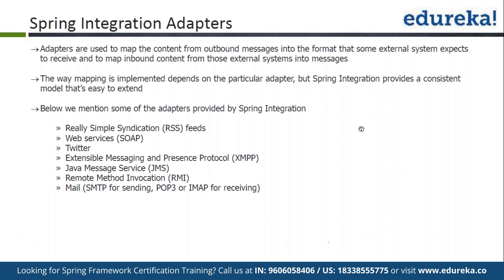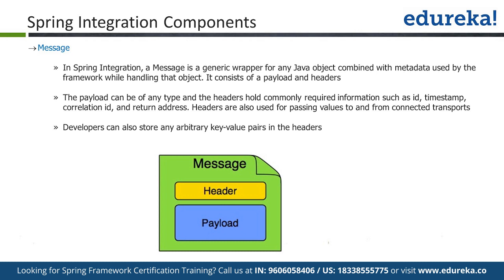So you know when we consume web services, whether it is SOAP or REST, we need a WSDL or one URL to connect to that service, right? Similarly, we have host and port information for all these adapters. Even if it is RSS, Twitter, web services, XMPP, JMS, RMI, we need some remote location for these adapters.